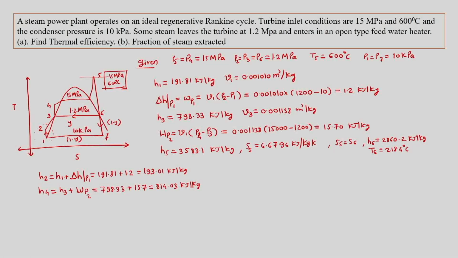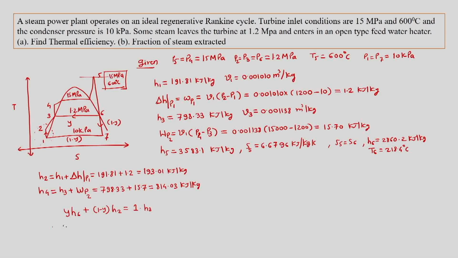For that we can use the equation which says that Y amount of mass at state 6 mixed with the 1 minus Y amount of mass at state 2 gives 1 unit of mass at state 3.